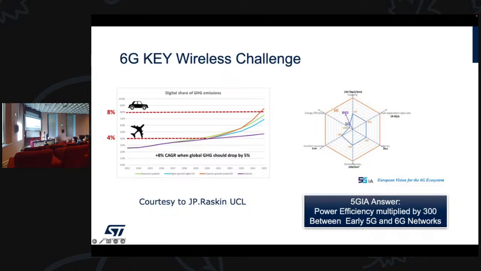And if we don't do anything more, especially in the power efficiency, we should be in 2025 at the same level as the terrestrial transport. So this means that our field, telecommunication today, is not on the radar.